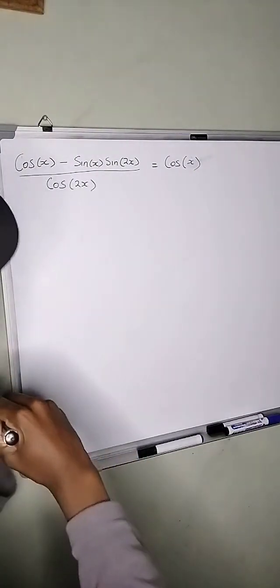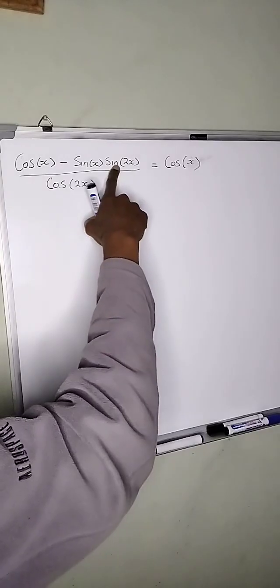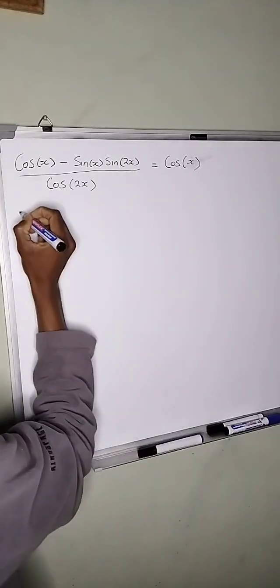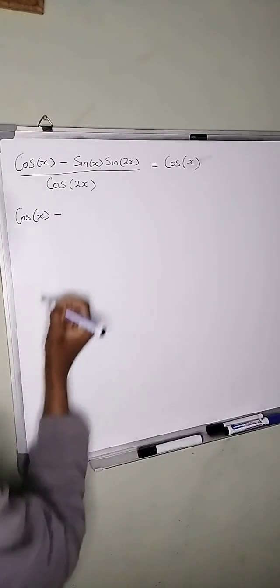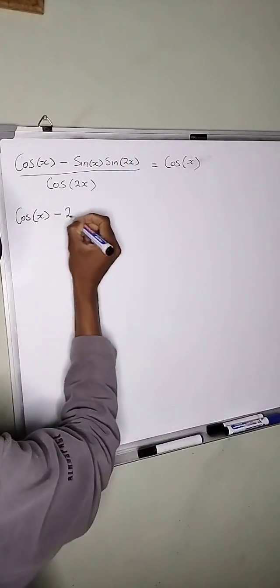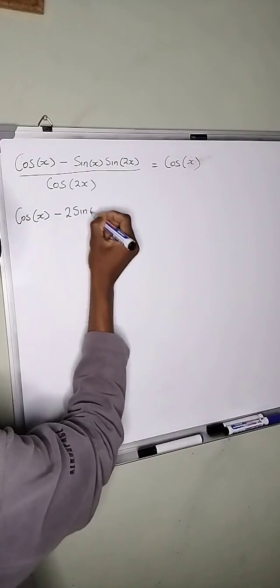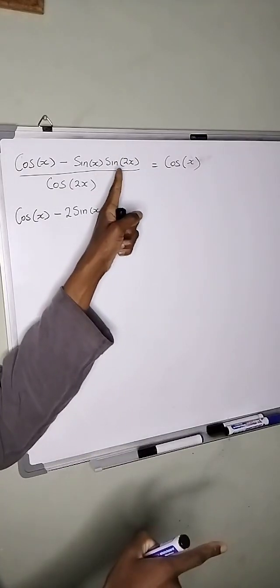So let's be busy, guys. I'm going to change this into its identity. So I'm going to say cos x minus 2 sine x. I'm changing this identity, guys. Don't be confused.